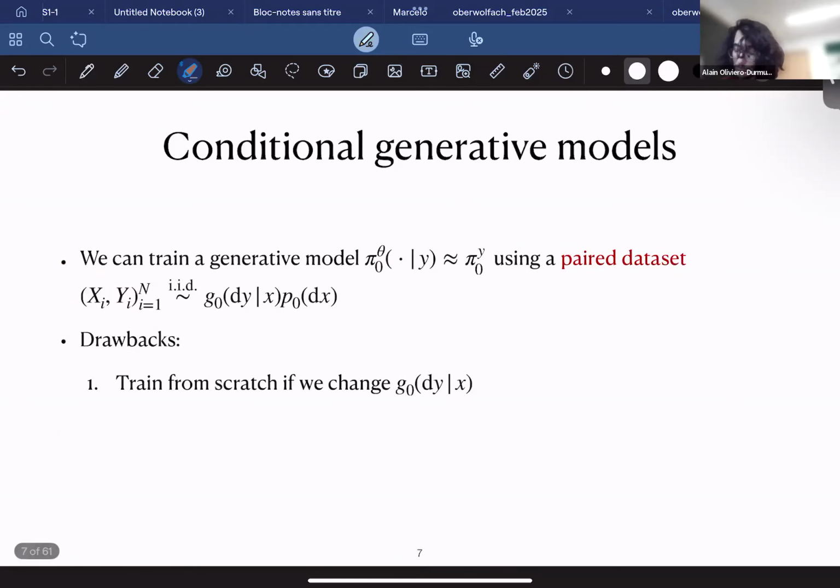In this case, this option has two drawbacks or shortcomings. First, you need to retrain your diffusion model, or even train from scratch, for any likelihood, which can be very computationally heavy.